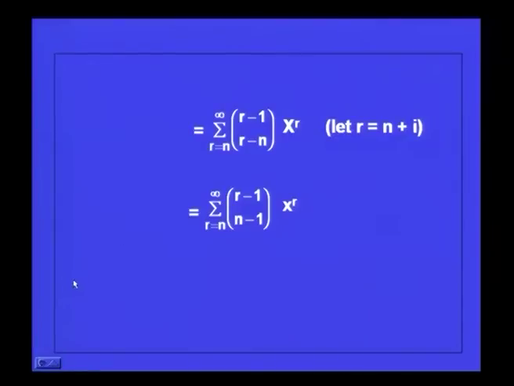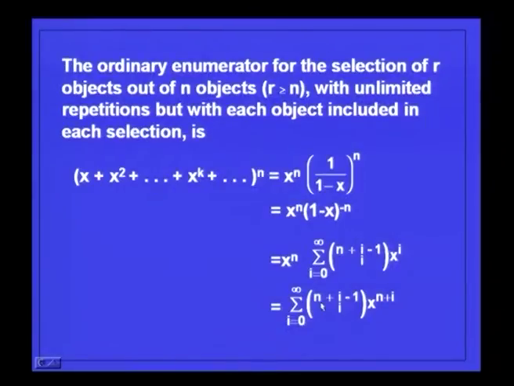So, this is x power r, and the expression for that is C(r-1, I), where r is equal to n plus I, so I will be r minus n.